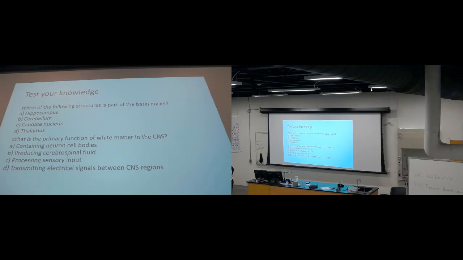Containing cell bodies, producing CSF, processing sensory information, or transmitting electrical signals between the CNS regions? Yes, it's transmitting electrical signals. Remember, you have the myelinated axons that transmit these action potentials. So that's a function of the white matter.